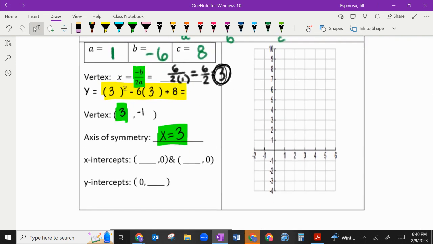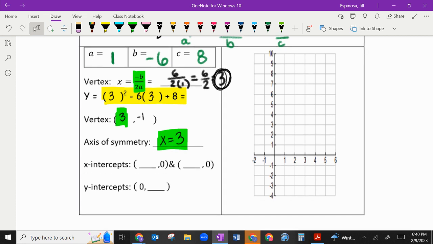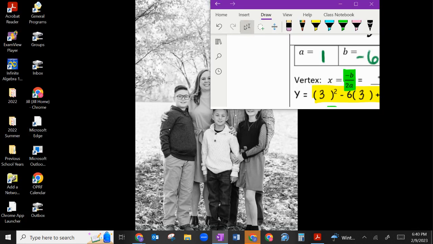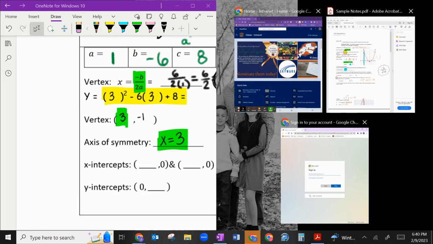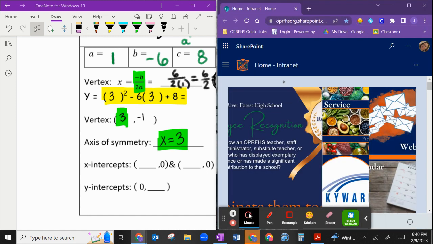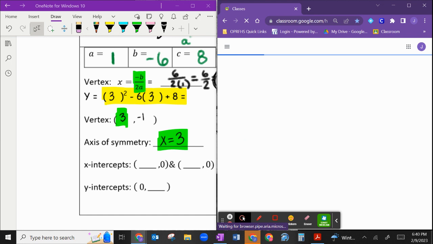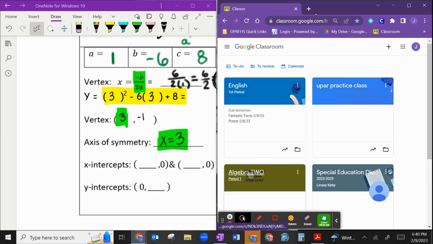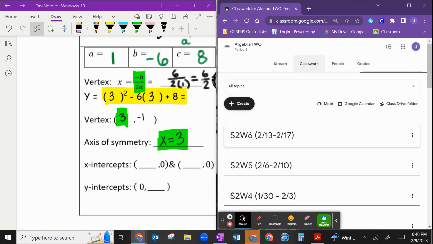To figure out my y-intercept, we're going to jump down. If I plug in, let me see if I can pull this over real quick and pull up Google Classroom, and I'm going to pull up the Desmos calculator.